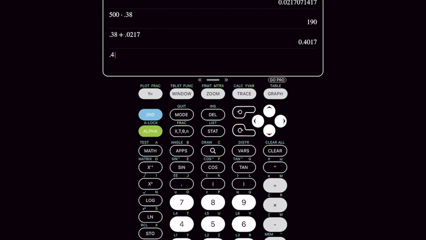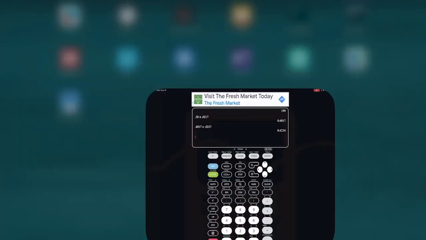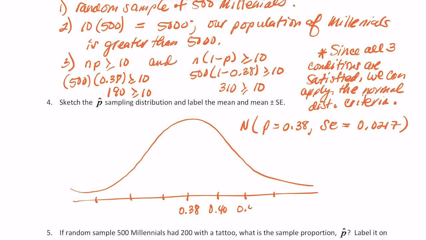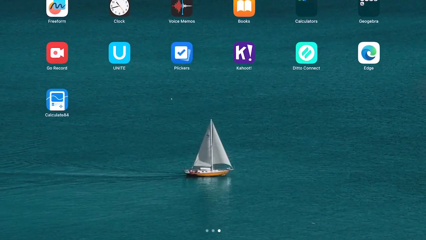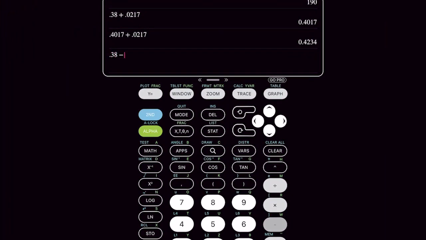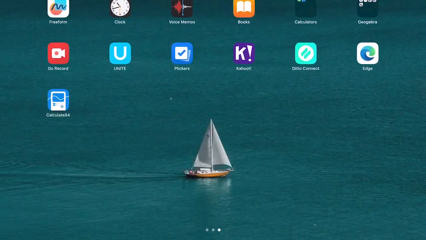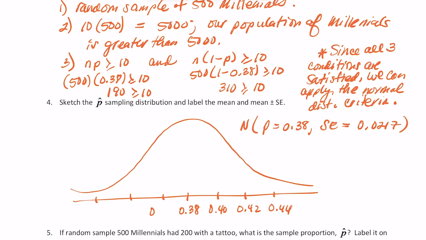So 0.4017 plus 0.0217, and we get 0.4234. So basically it's counting by twos, okay? And then I'm going to go backwards, and I'm going to do 0.38 minus 0.0217. And I get 0.3583, so it's basically 0.36. Okay, and then 0.34, and then 0.32.